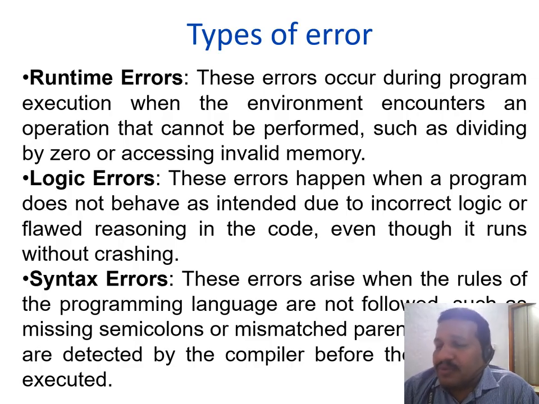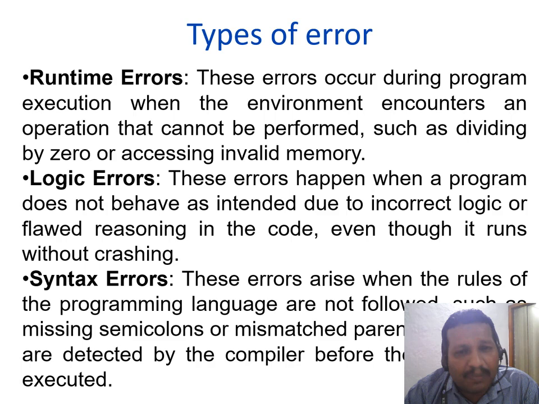If we use a different symbol instead of the relational operator, then you won't get the expected answer. So you will get an error when you execute your program. This logic has to be identified and you have to correct that error. Those errors are called logic errors.